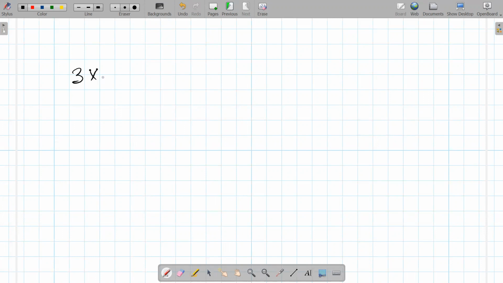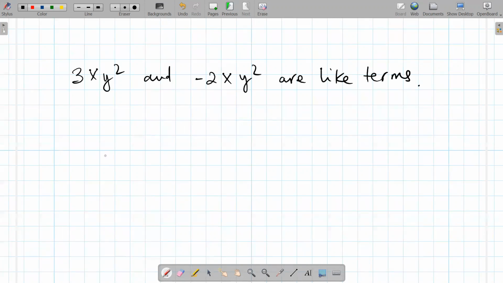Three x y squared and negative 2x y squared are like. Okay. If we have 2x y squared and negative 3x squared y, they are not like terms.